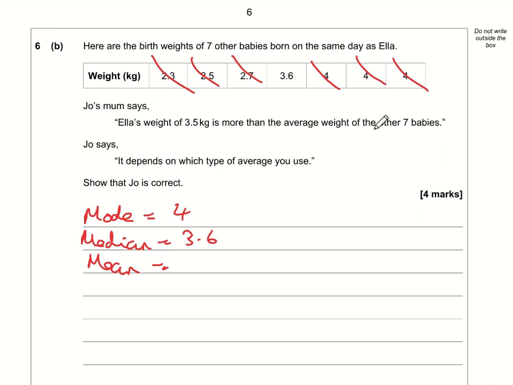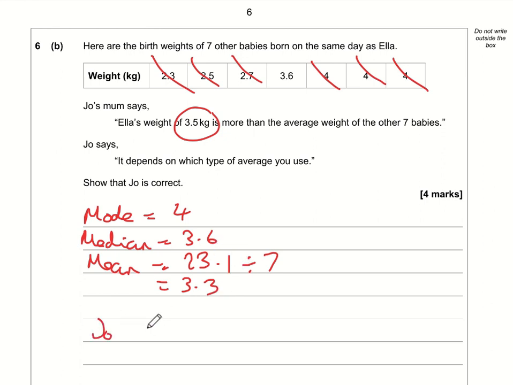And the mean is all of these values added together, so 2.3 plus 2.5 plus 2.7 plus 3.6 plus 4 plus 4 plus 4, which is 23.1, divided by the number of values, which is 7, and that average will be 3.3. Okay, so Joe's mum says that Ella's weight of 3.5 kilos is more than the average weight. Well, it's more than the mean, but it's not more than the median or the mode.